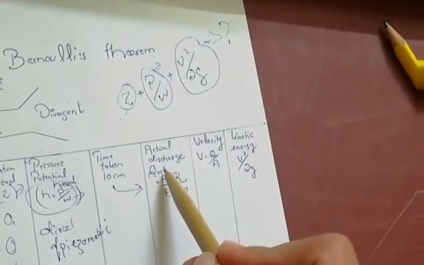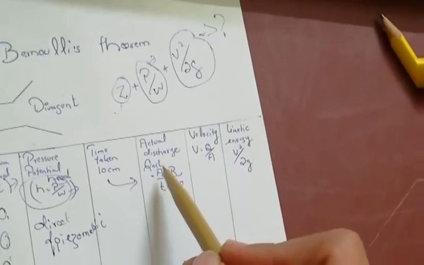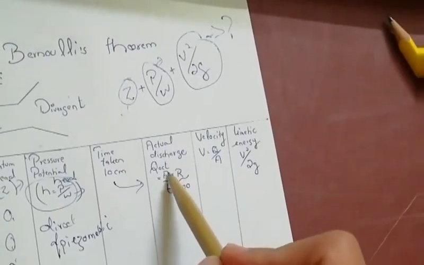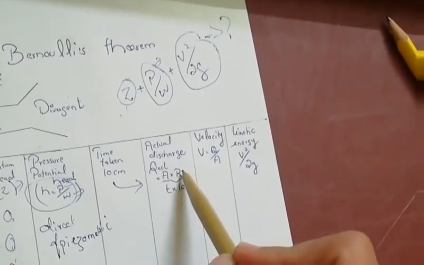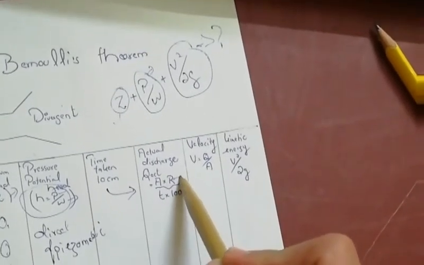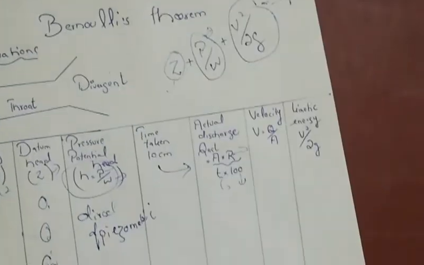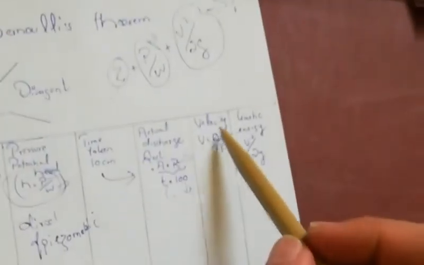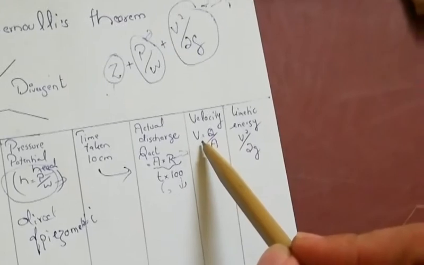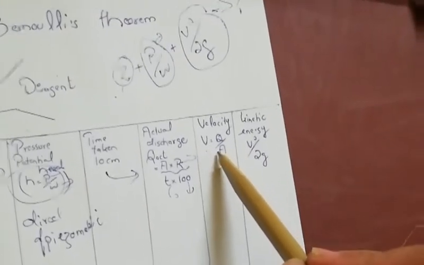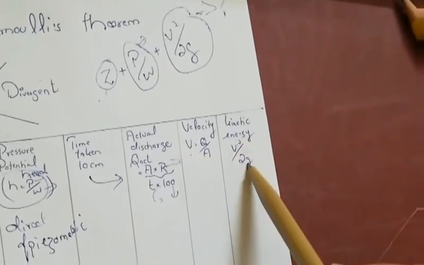Now Q actual is the empirical formula, in which A is the area required, R is the rise in the volumetric tank, T is the time, and 100 is to convert it into meters. From that we are going to find the velocity, V is equal to Q by A, and then V squared divided by 2G.